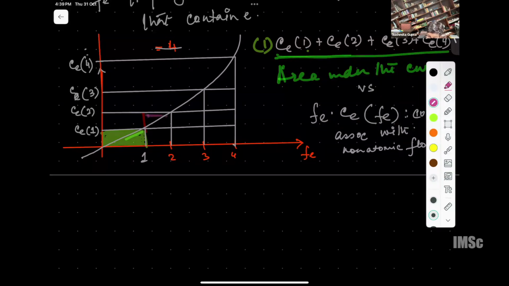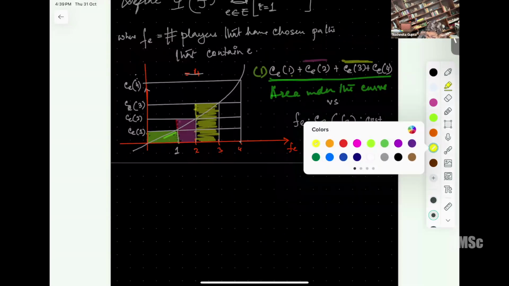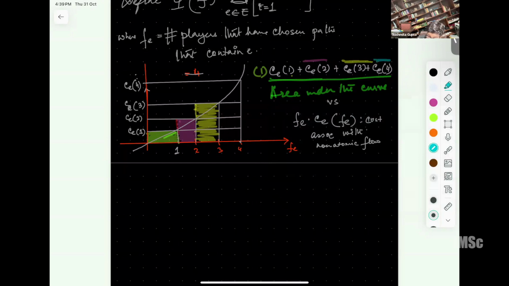CE3 would be similarly this area. And CE4 would be this. Correct?